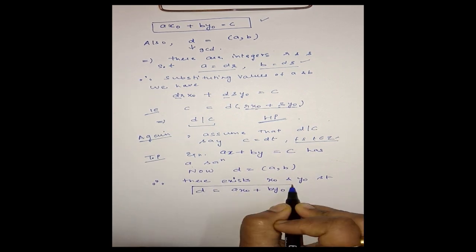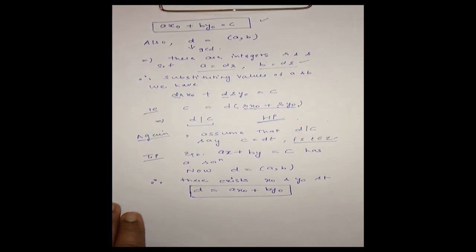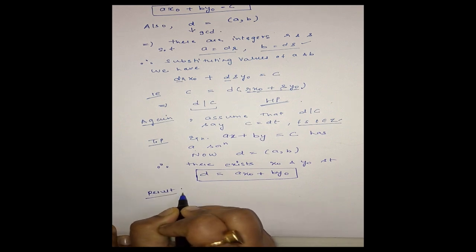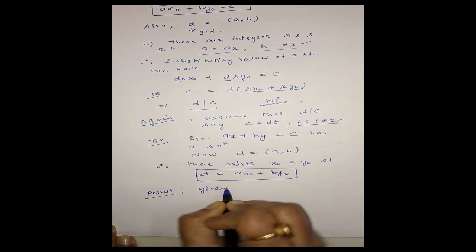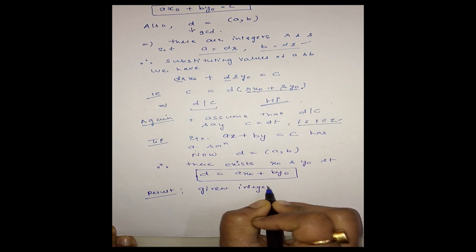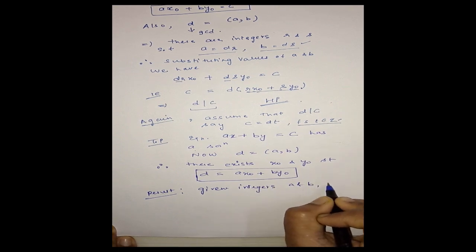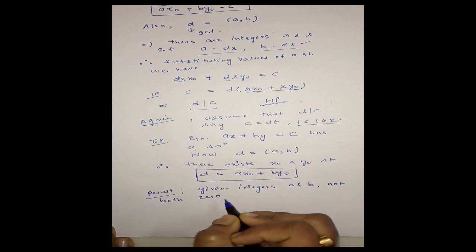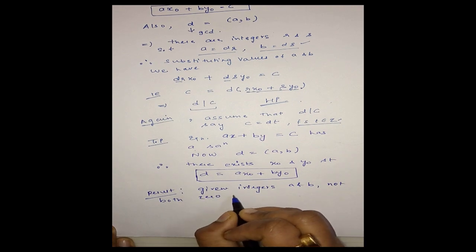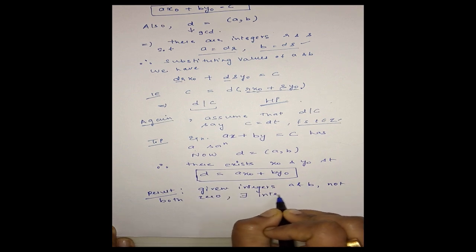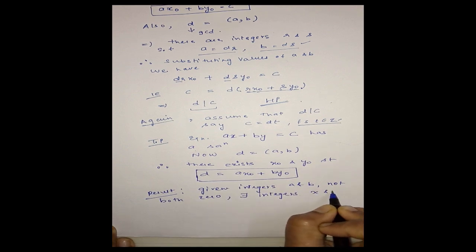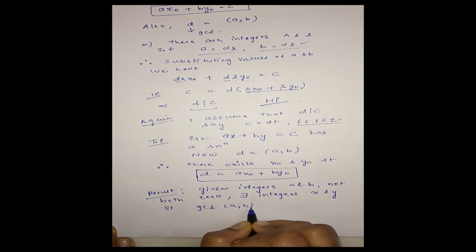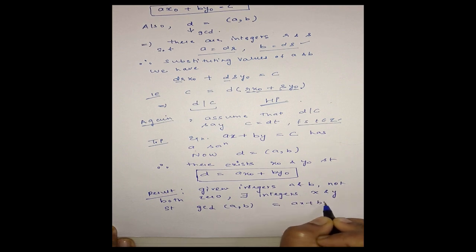Since we have this result, I'm going to state that result here. Given integers a and b, not both 0, there exist integers x and y such that GCD of a and b is equal to ax plus by.